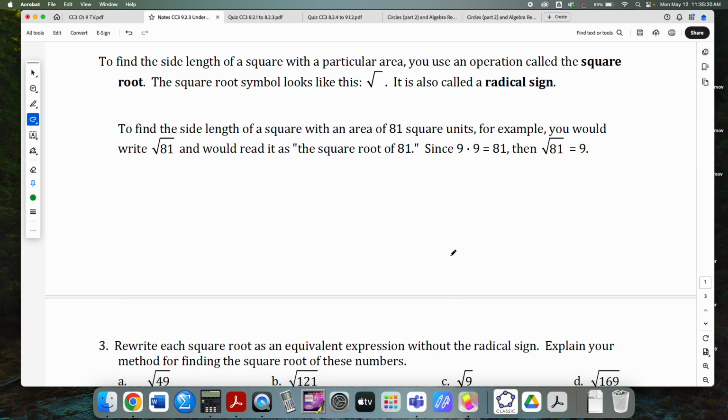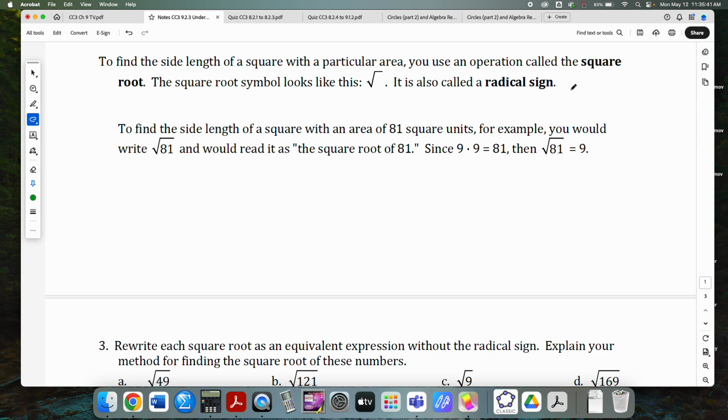So you already know this. You guys have talked about it already. When you're trying to find the length of the side of a square where you already know the area, you take the square root. You know what that symbol looks like. It's also sometimes called the radical sign.